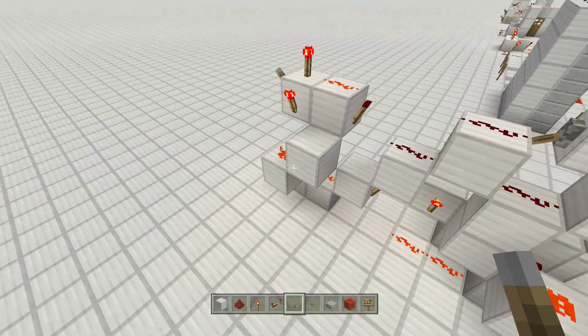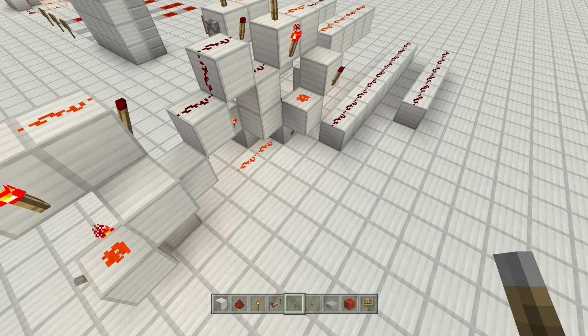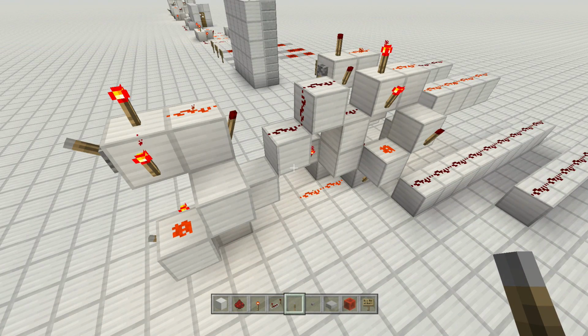So right now we have a full adder. Well, we don't have a full adder yet, but it's very close, and you guys will see why it's not done yet. In just a moment. I need to think about this. Okay.